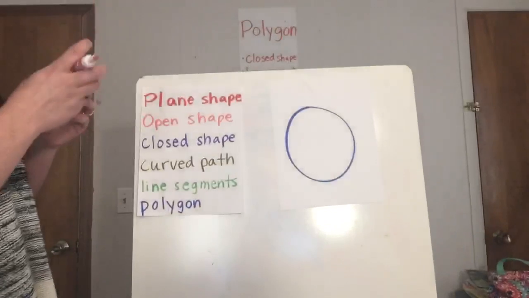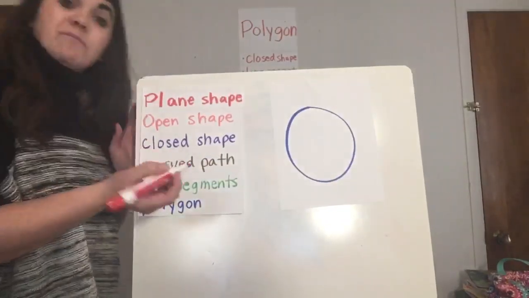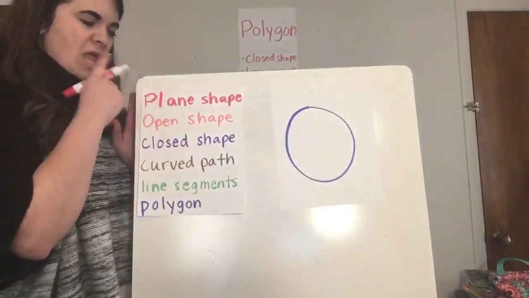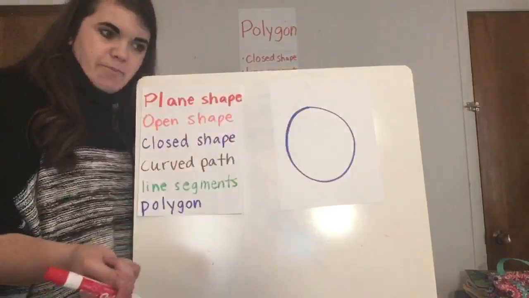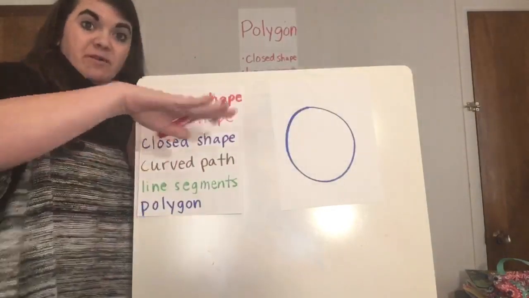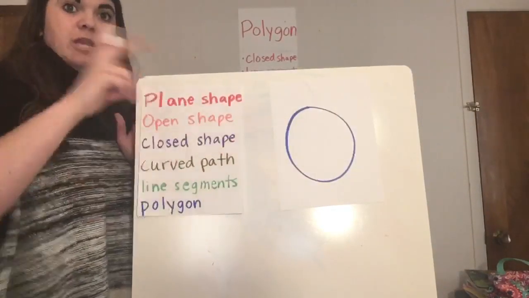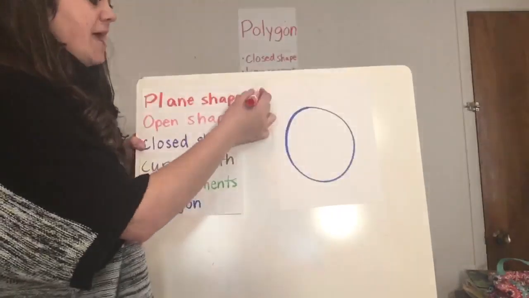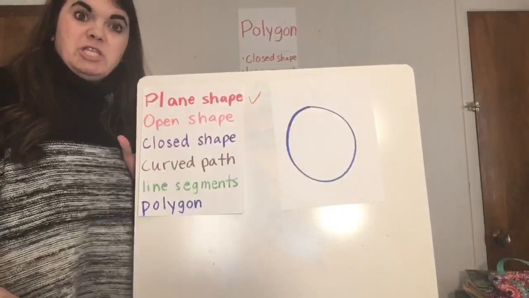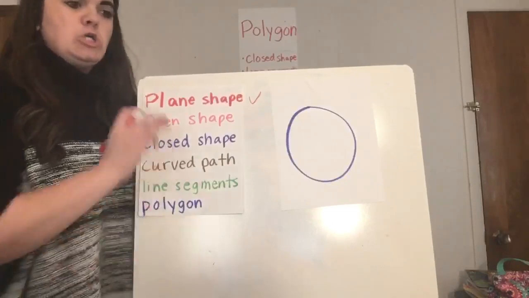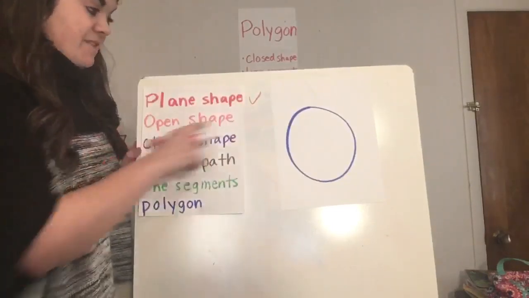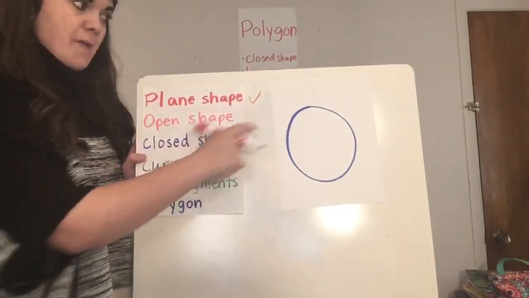So this is our first shape on page 709. You can circle, but I'm just going to check mark. We have to decide, is this a plane shape? A plane shape can be drawn on a flat surface. It's two dimensional. Yep, plane shape. Is it an open shape? No, so we're not going to circle that. If it's not an open shape, it's a closed shape, right?